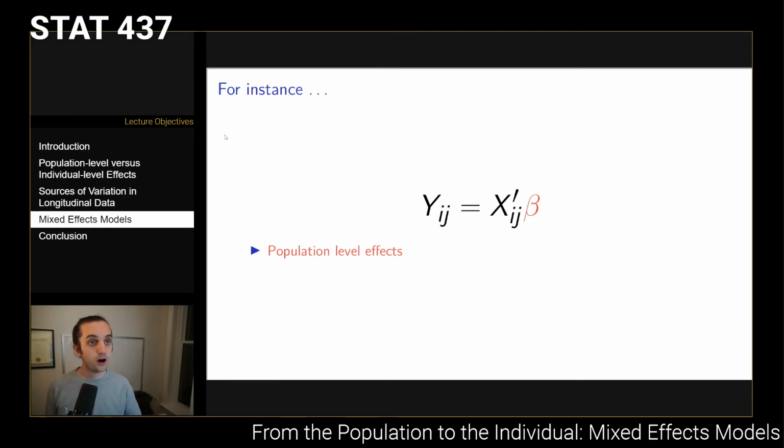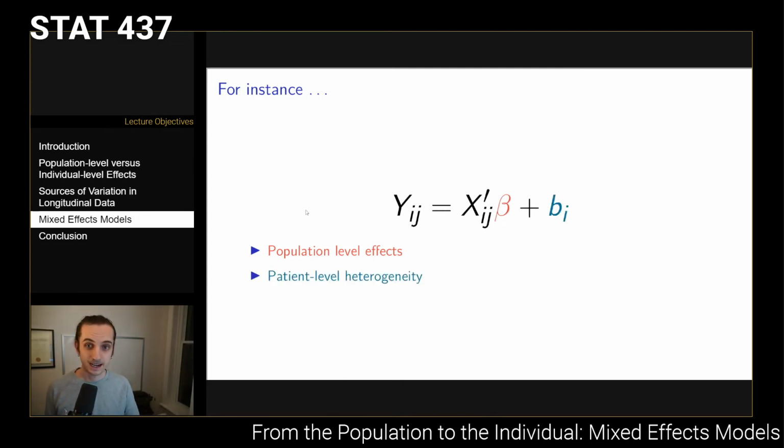Okay, now onto this, you could think about adding this term b_i here, right? And all b_i is going to be is a term that differs for every individual. So that's the subscript i, but it's constant across the time points for the individual. And all that's going to do is shift our observation depending on whether b_i is positive or negative. So you could think about the positive responders as having b_i as a large positive value.